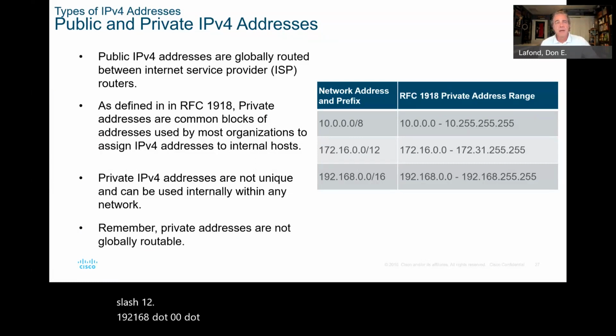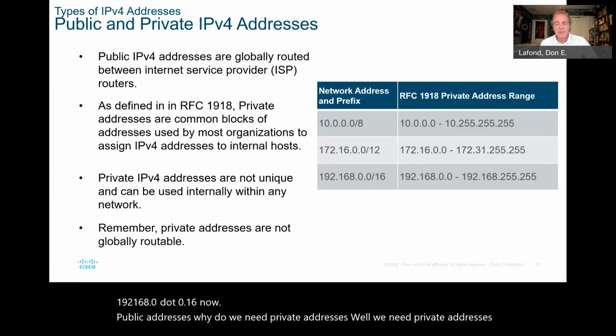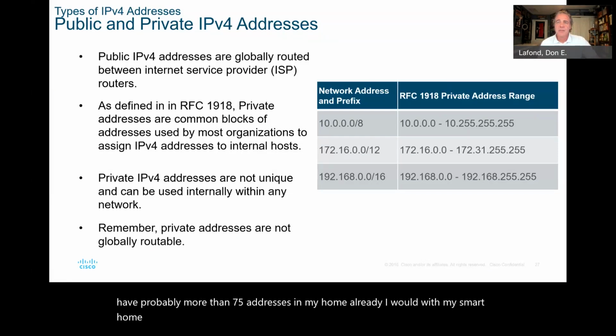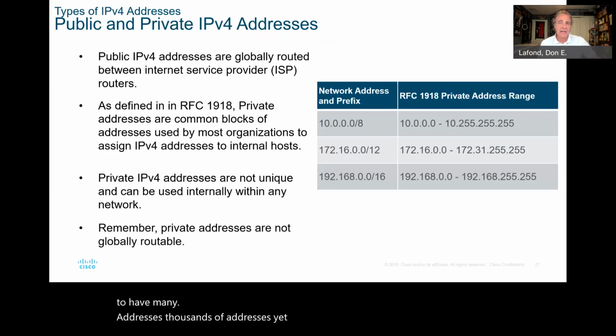Now, why do we need private addresses? Well, remember, in IPv4 there are only 4.3 billion addresses. I myself have probably more than 75 addresses in my home already with my smart home devices. So this allows big and small corporations to have many addresses for their hosts, thousands of addresses, yet only have one public address.